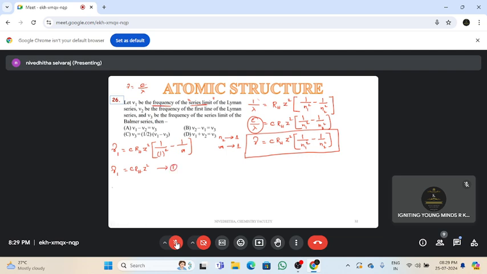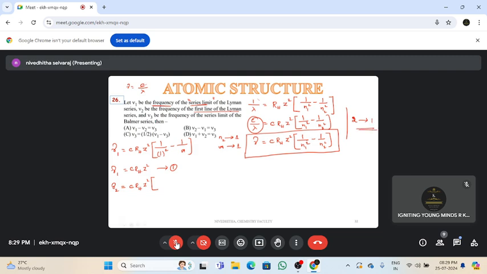So similarly, I'm going to calculate the value of the second frequency. So c into Rydberg constant into Z square into 1 by... nu2 is nothing but the frequency of the first line of Lyman series. What is the first line of Lyman series? Electron will be coming from the second state to the first state, right?